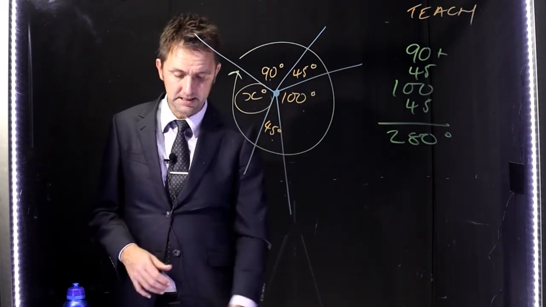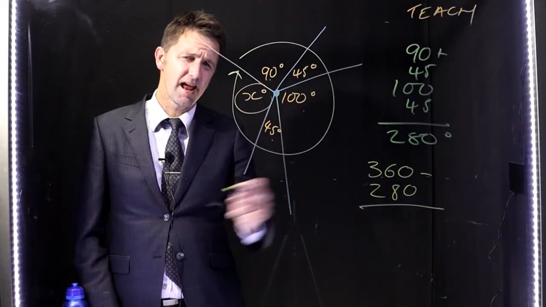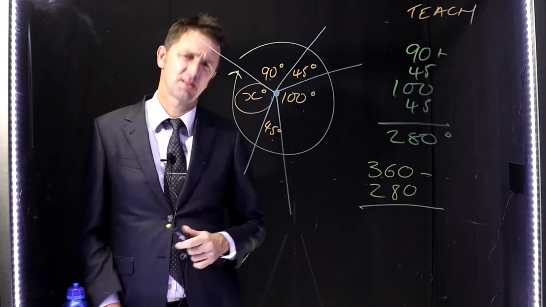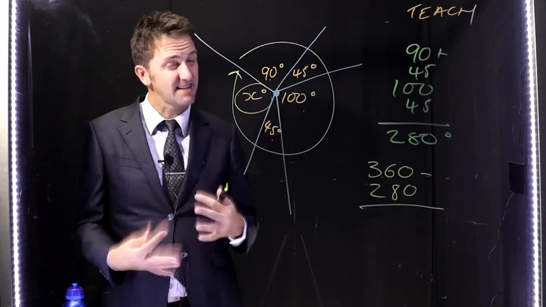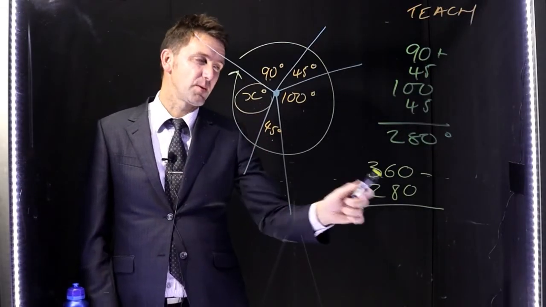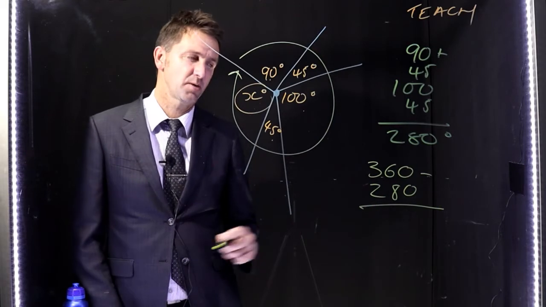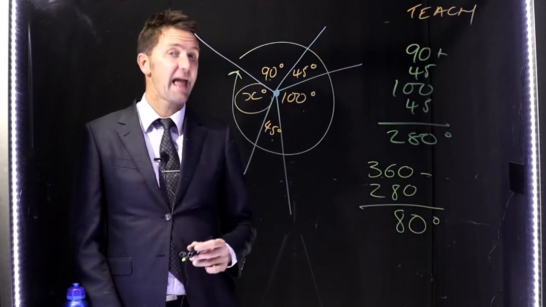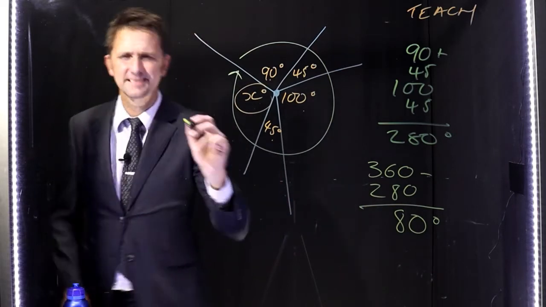That might look like this. Because we know all the way around is a revolution angle. We know that angles around a point all add up to 360 degrees. So the value of x should be 360 minus 280, which is 80 degrees. So x should be 80 degrees.